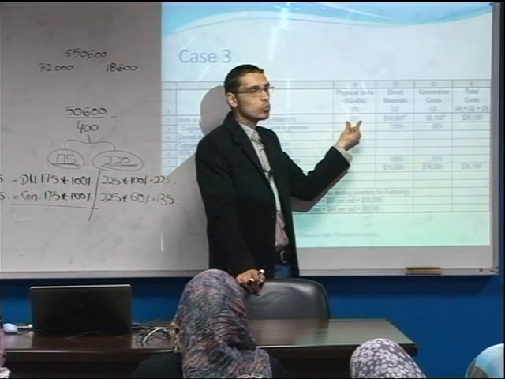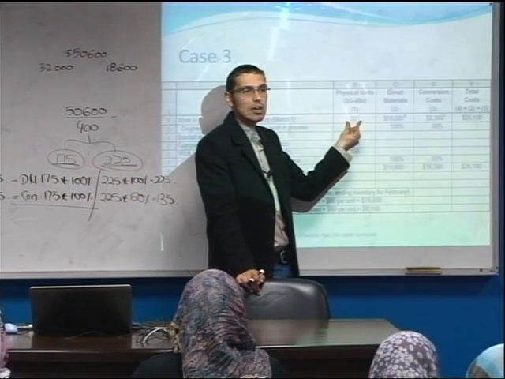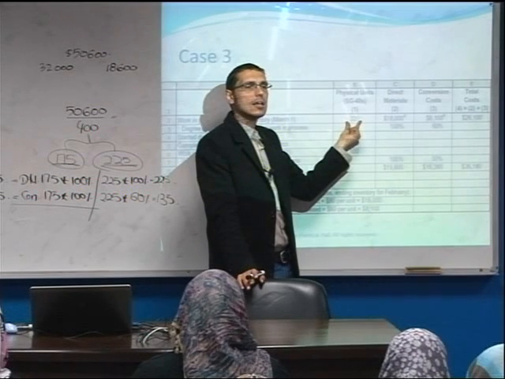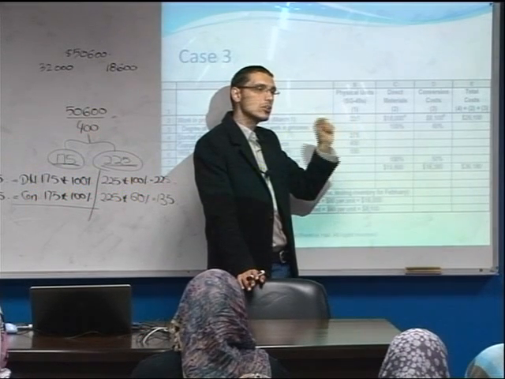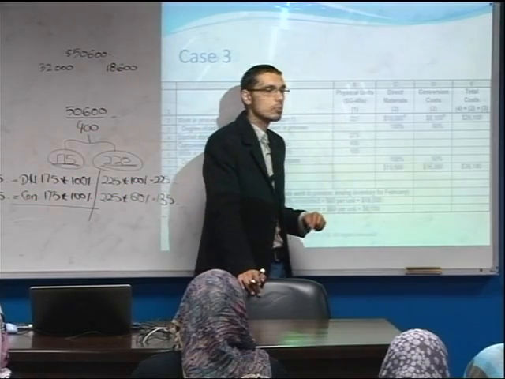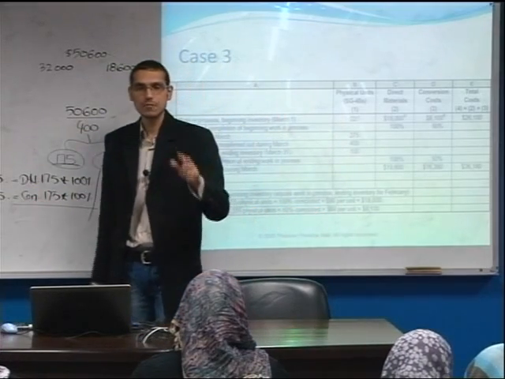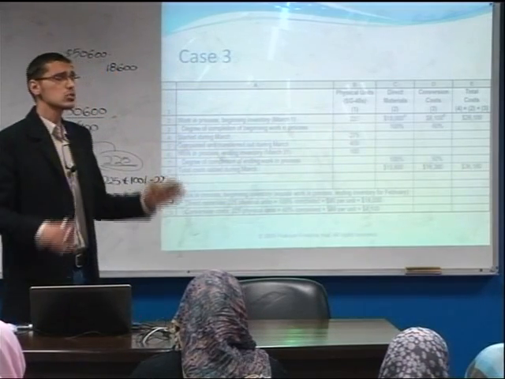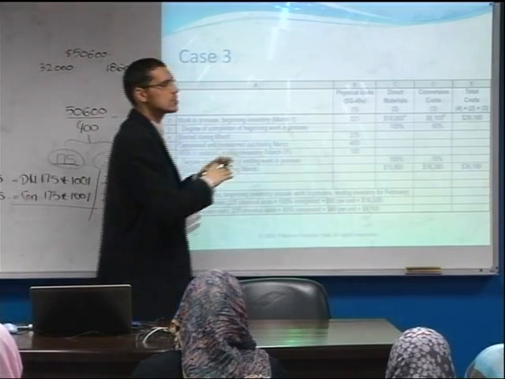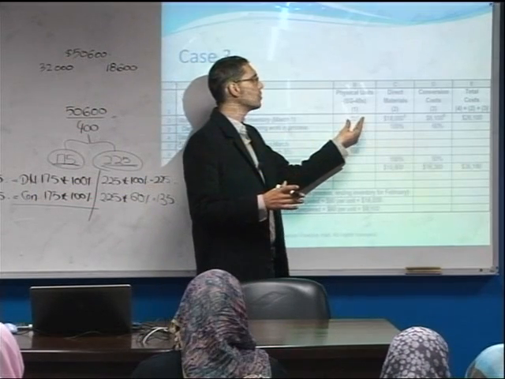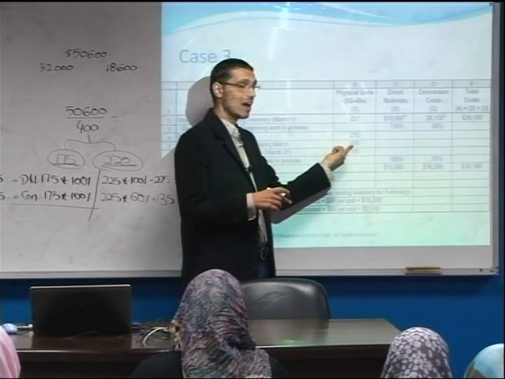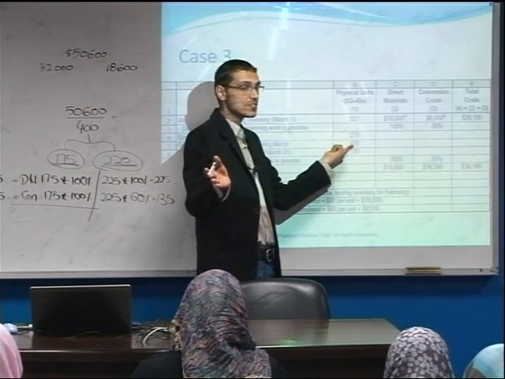If this is the case, would the 225 units all be considered finished, or completed and transferred out, or is there going to be some units included in the ending work in process if we use the first in, first out method? Excellent. Because the first thing we are going to do is complete these units. We have 400 units that are completed and transferred out.